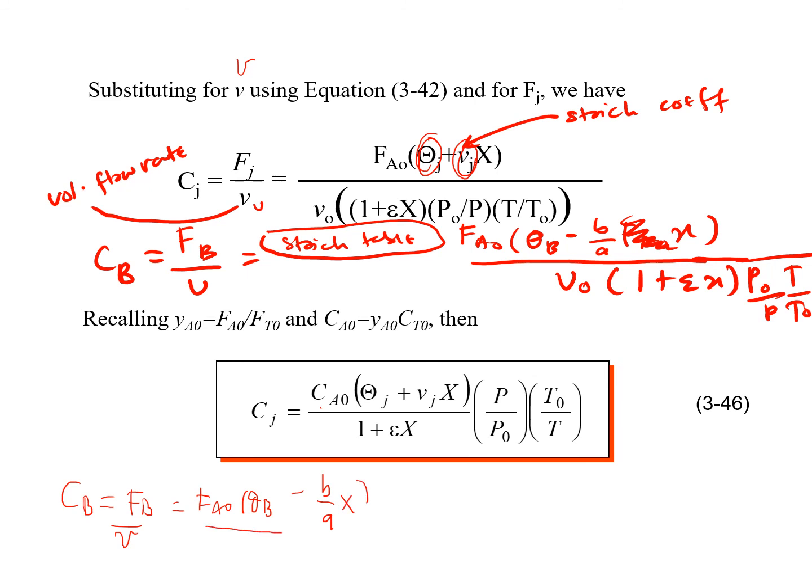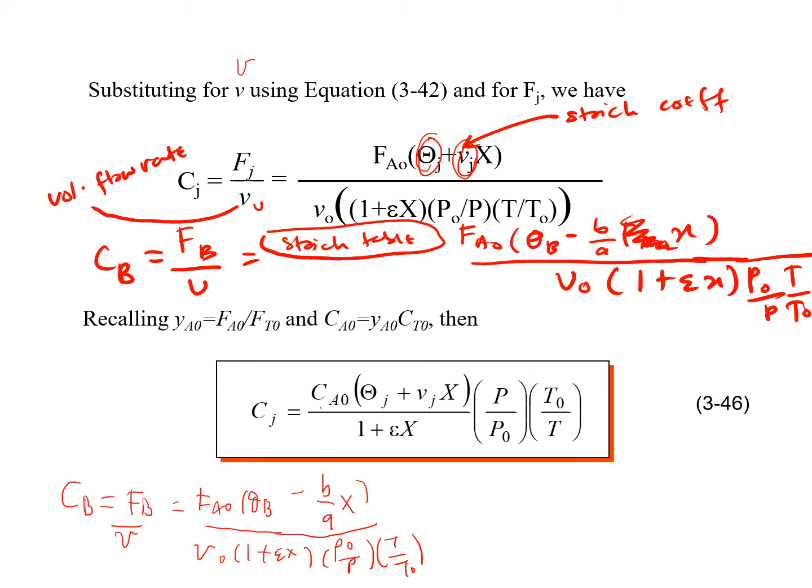Remember V equals V0 times 1 plus epsilon X, and P0 over P times T over T0. So that is how you do it.